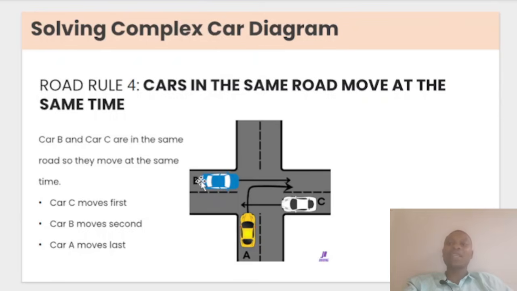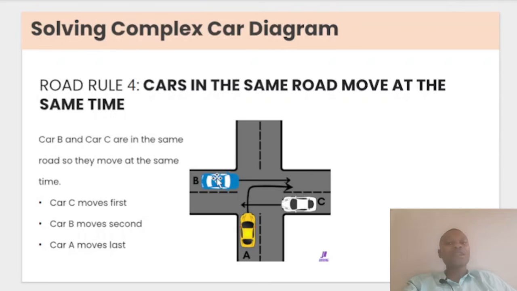That's why this road rule takes effect: cars in the same road will take advantage of each other. As C is moving, at this point it will block the movement of car A. Now there is no point anymore for car B to give the right of way to car A, because car A is now blocked by car C. So car B can simply move because the road is clear.